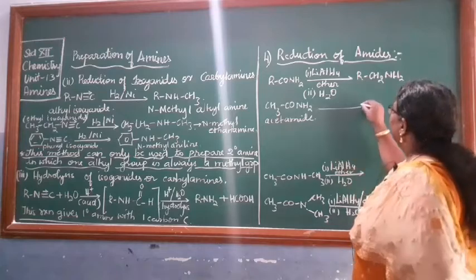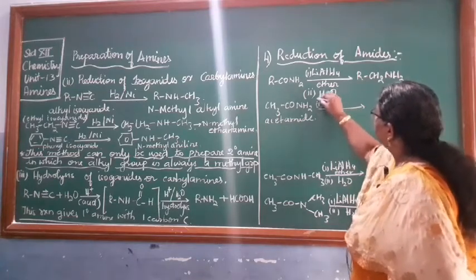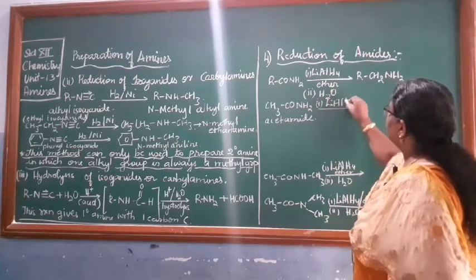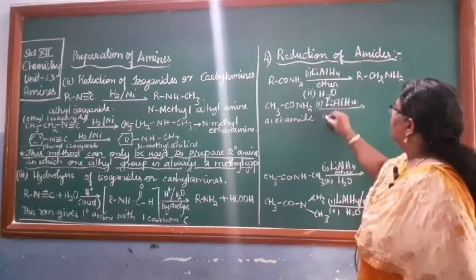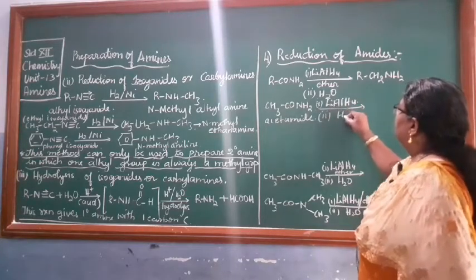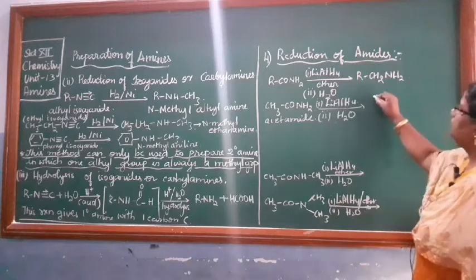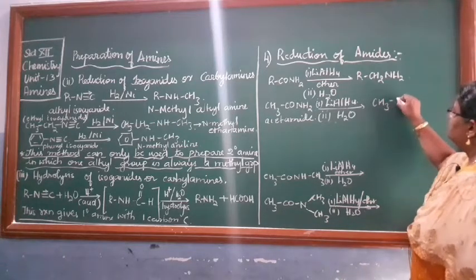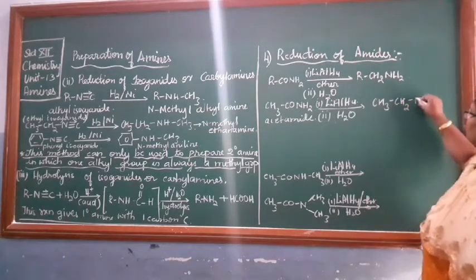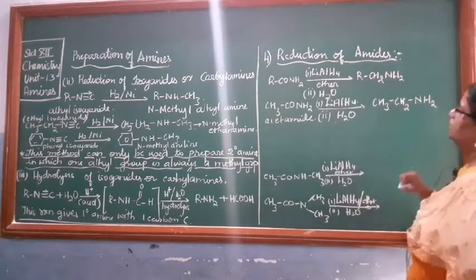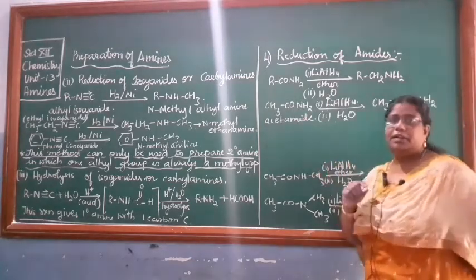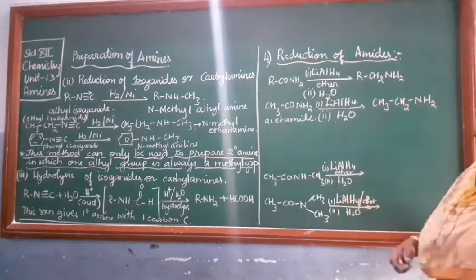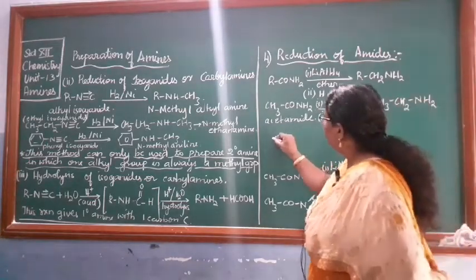So when you carry out the reduction and then hydrolysis, you will get the corresponding amine. Okay? CH3CH2NH2. You add here H2. Followed? So that is how we have benzamide ले लेते हैं.